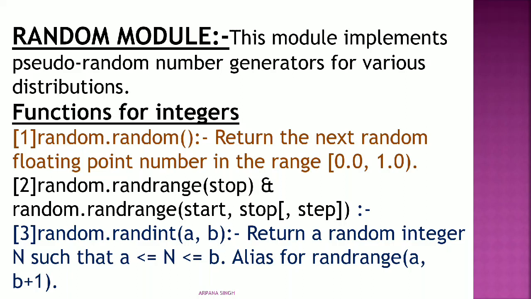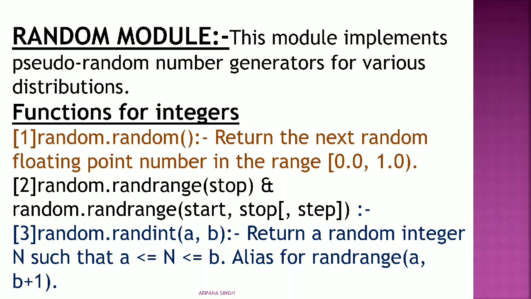Randrange with 1 argument or 2 arguments or 3 arguments is used, and it returns, if there is only 1 argument, numbers from 0 to stop minus 1. If there are 2 arguments, start and stop, then random numbers from start to stop minus 1.